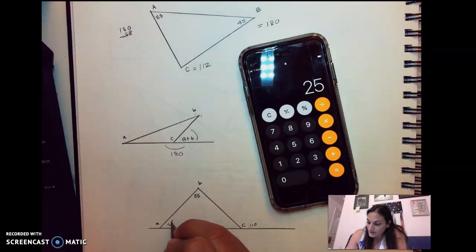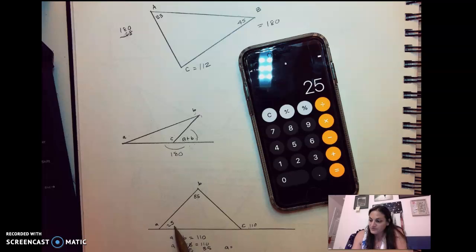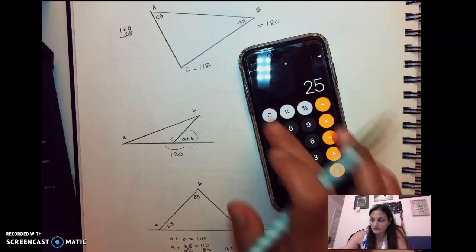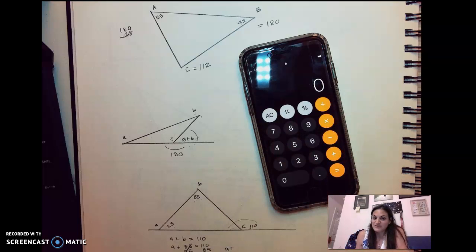Now, I already know that this plus this plus this is going to equal how many? 180 degrees, right? But I also know that I can look at this and figure out the missing piece here because these two angles also equal 180. So we're going to double check and make sure that that makes sense.